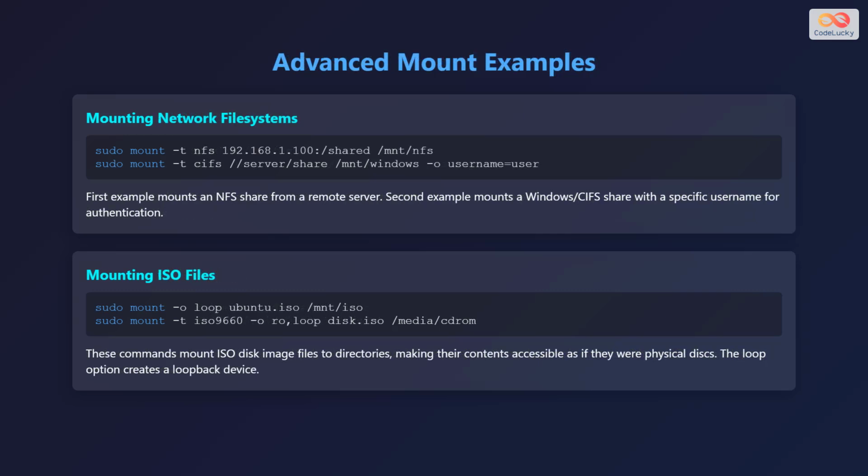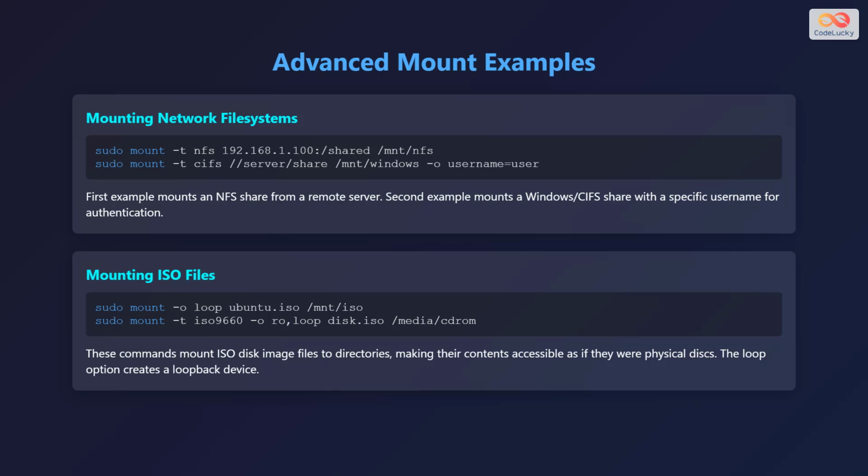Here are some advanced mount examples. To mount network file systems, use sudo mount -t nfs 192.168.1.100:/shared /mnt/nfs. This mounts an NFS share from a remote server. To mount a Windows CIFS share with a specific username for authentication, use sudo mount -t cifs //server/share /mnt/windows -o username=user.